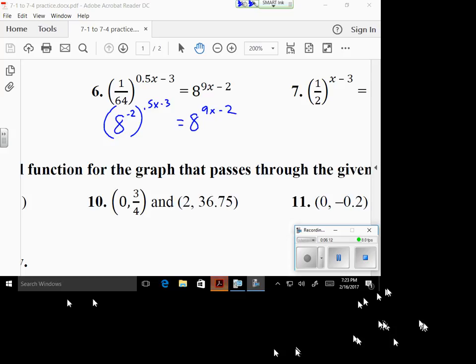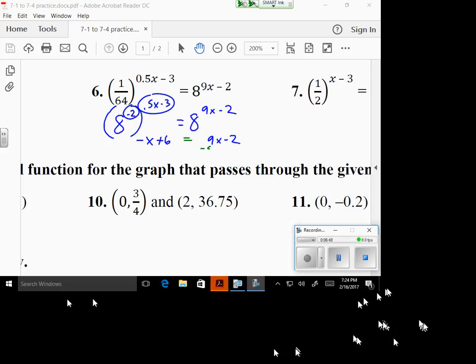When we multiply our exponents together, we get 8 to the negative x plus 6, which would be equal to 8 to the 9x minus 2. So you drop your bases and solve for x.